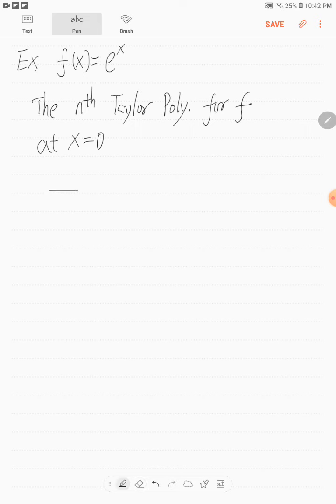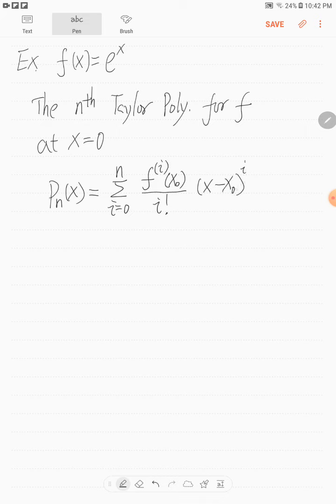p sub n, which is equal to the summation i from 0 to n of f, the i-th derivative at x naught, over i factorial, times x minus x naught to the i, right?